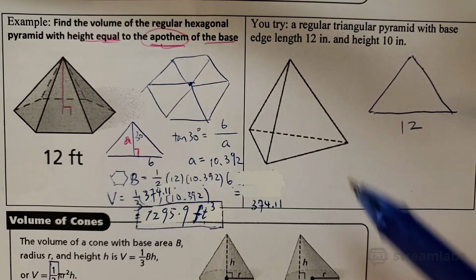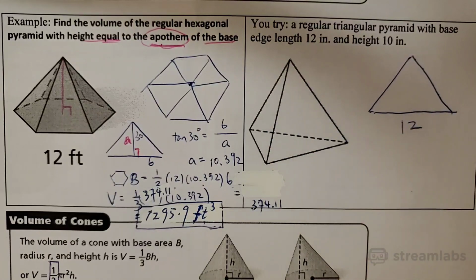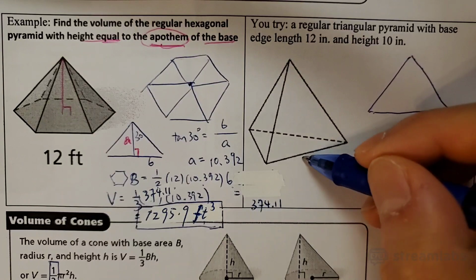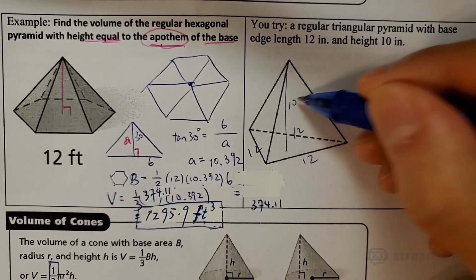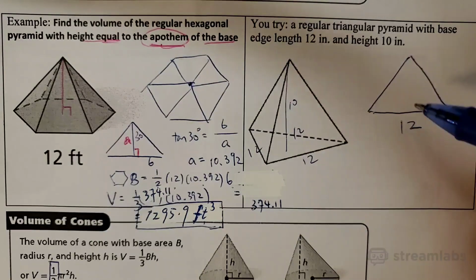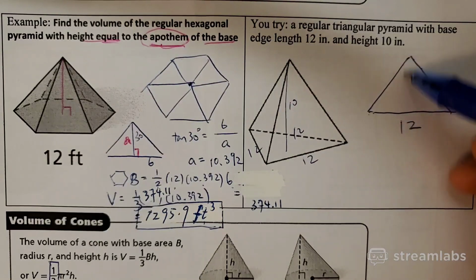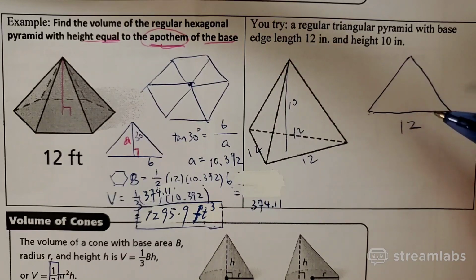Alright, so base area. This is a triangle already, and it's an equilateral triangle. They say edge length is 12, height is 10. So you don't have to divide this into 3 pieces because this is already a triangle.